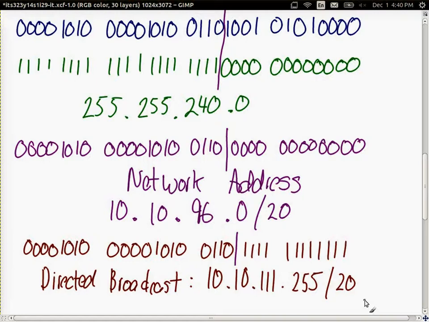But in theory, we can send to everyone on one particular network. So these two addresses, all host bits 0 and all host bits 1, are not allowed to be given to computers. They're reserved for a special purpose. So that limits the number of addresses in a particular subnet that can be given to computers.